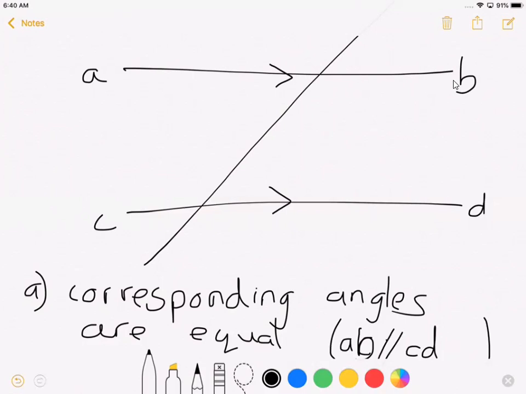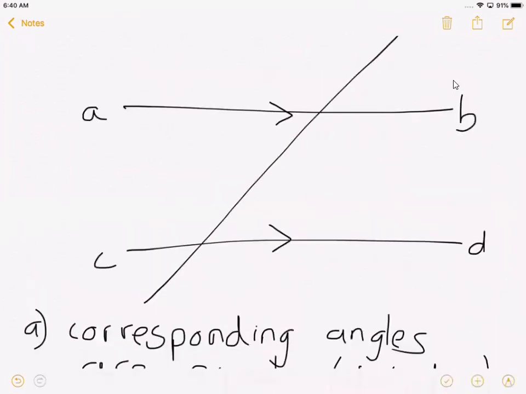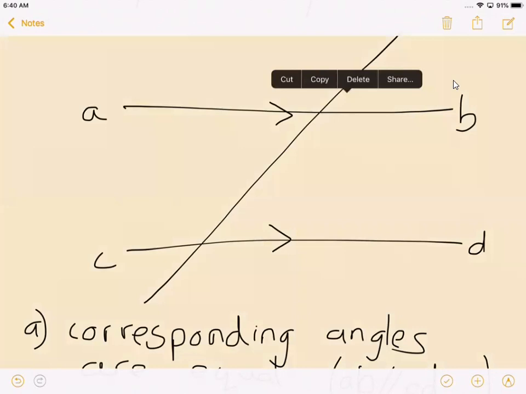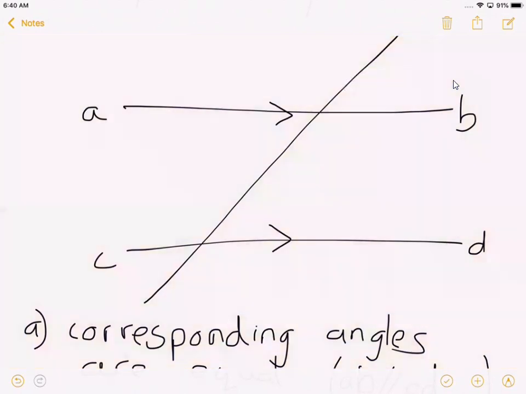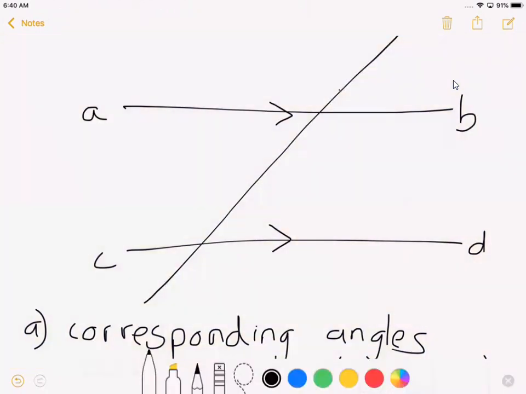But which ones are corresponding angles? When we say corresponding angles, we mean angles that are at the same position at the two intersections. This one corresponds to that one. How do I know that those two are corresponding angles?